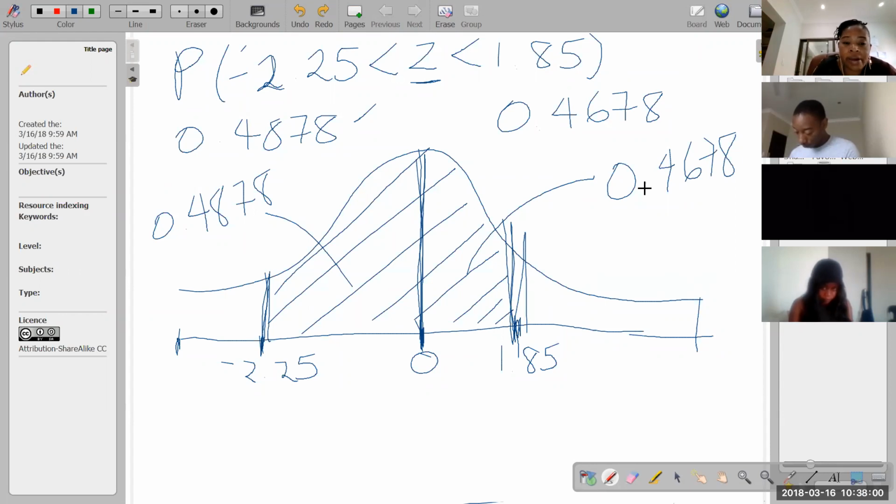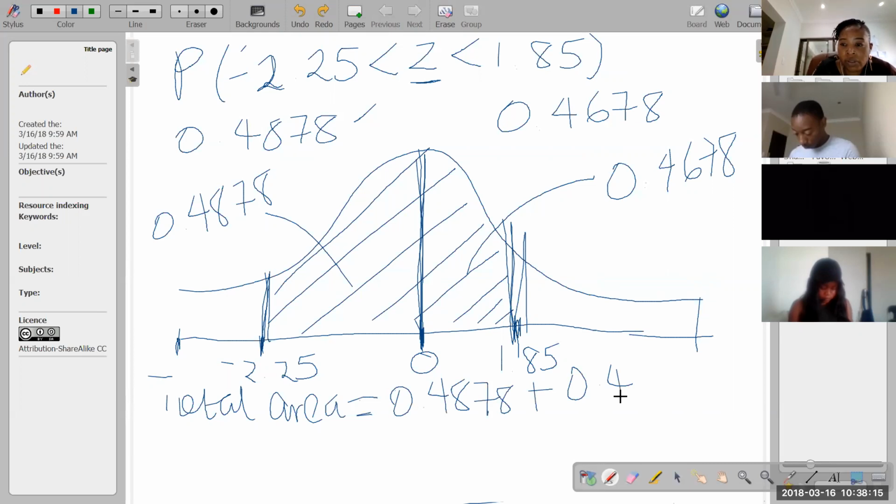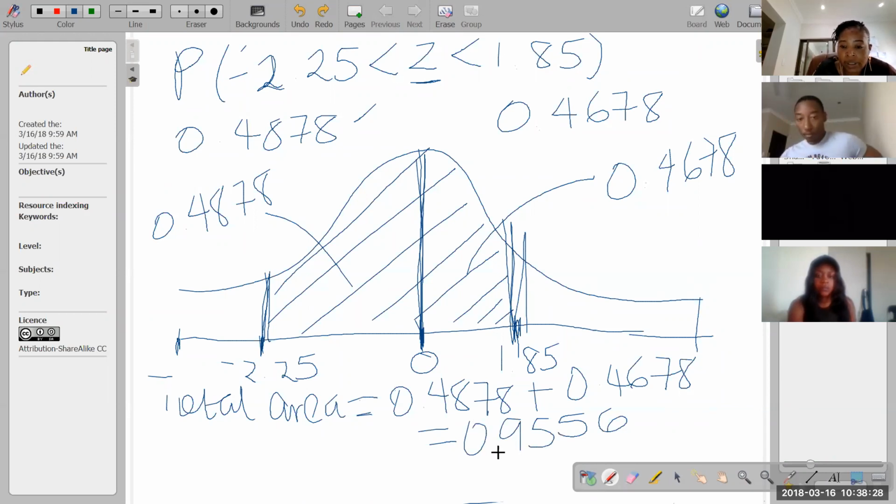So our total area is 0.4878 plus 0.4678, which is 0.9556.